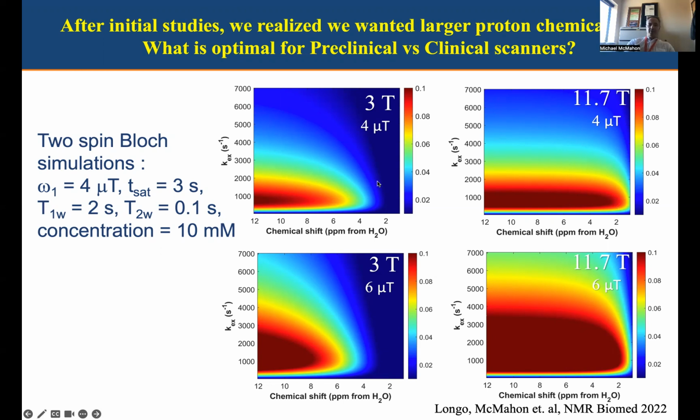However, when you go down to clinical field scanners at 3T, the optimum is above 4 ppm, and really, when you get to 9 or 10 ppm, you see extremely big amounts of contrast compared to even at, say, 4. And so we were looking for compounds which would show best.